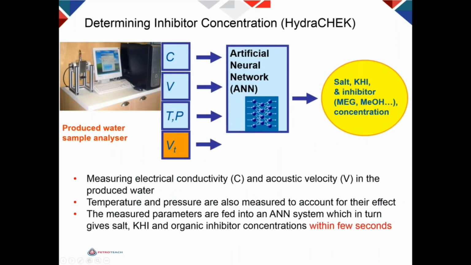So here we have a device, we call it HydraCHEK. Basically, you take 100 cc of the produced water. You measure electrical conductivity and speed of sound. From that, like two equations, two unknowns, the system will determine the concentration of salt and inhibitor.